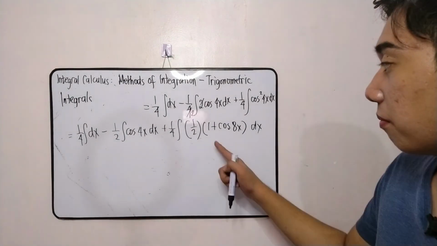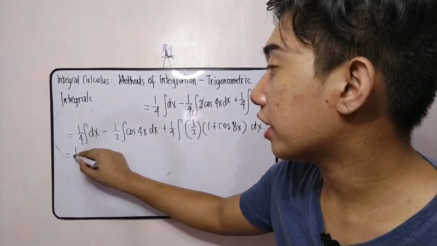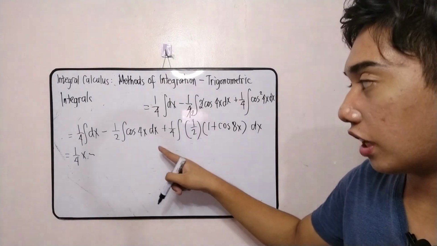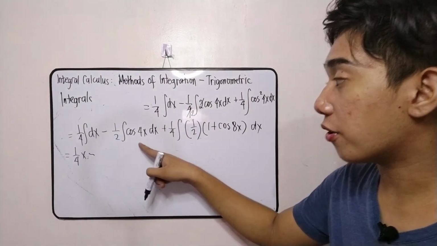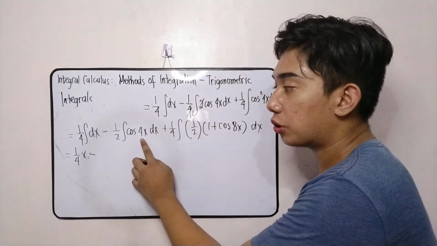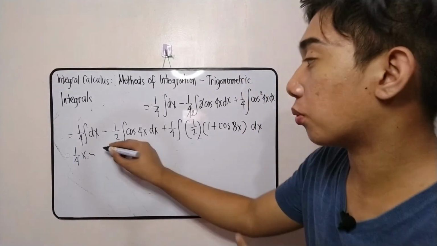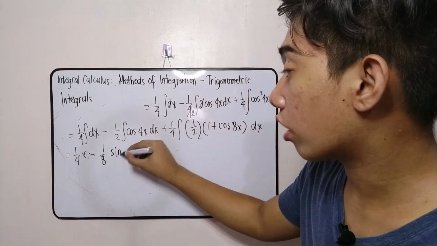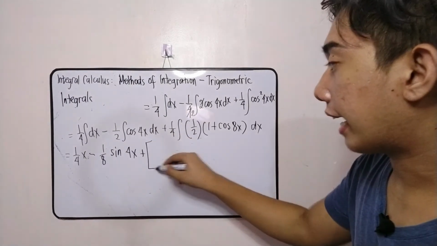So now, mas madali na siya. The integration of this one is 1/4 x. The integration of this one is, if we recall, sine, then we have one, di ba? We have the angle 4. So let's multiply. Pag let you, we have 1/4 man. So we multiply 1/4, so this becomes 1/8 sine 4x plus, let's put a bracket para mas madali.